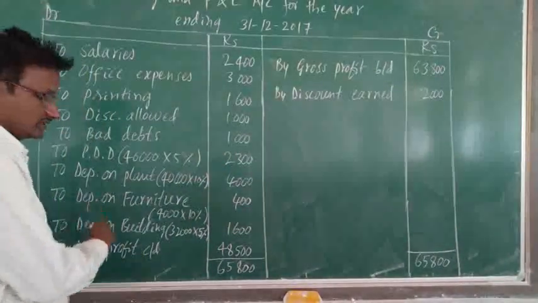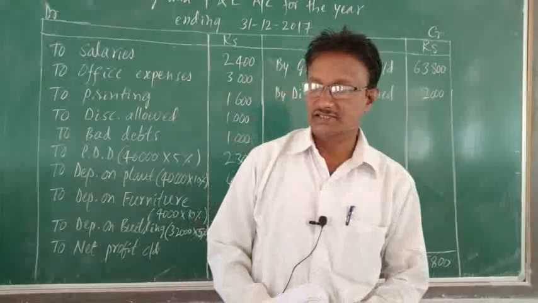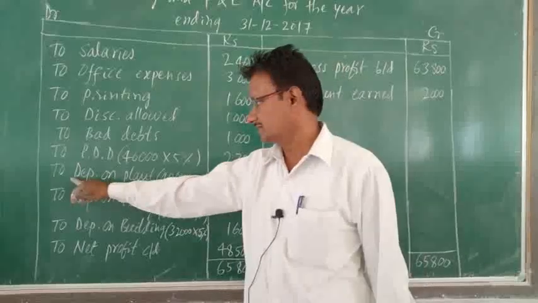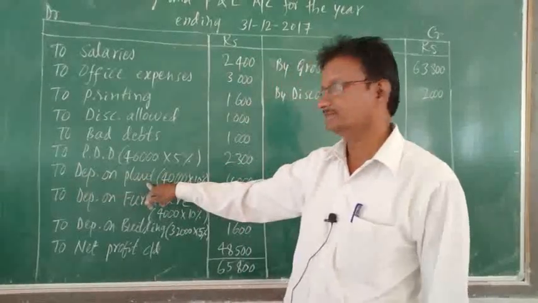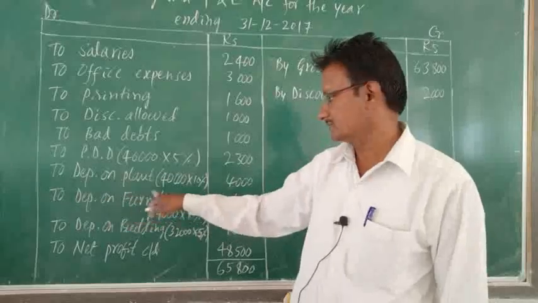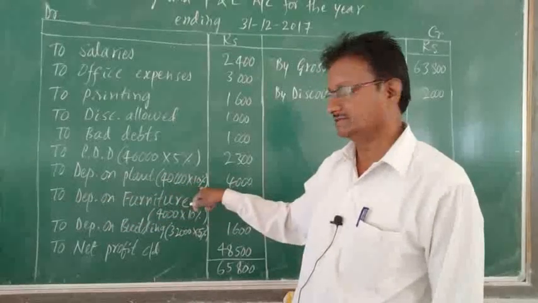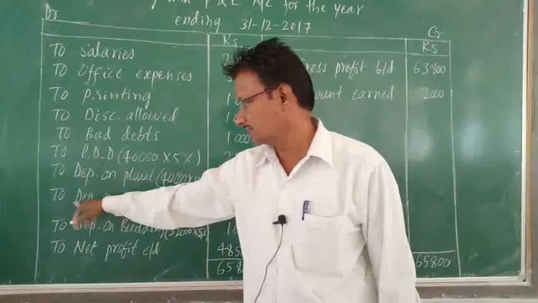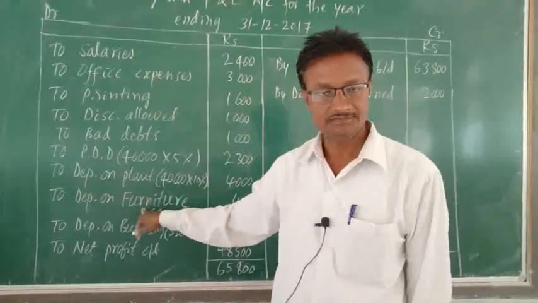Next here, depreciation on plant and furniture is 10%. So here to depreciation on plant, value which is given in the opening statement of affairs, 40,000 into 10%, we get 4,000. Next to depreciation on furniture.